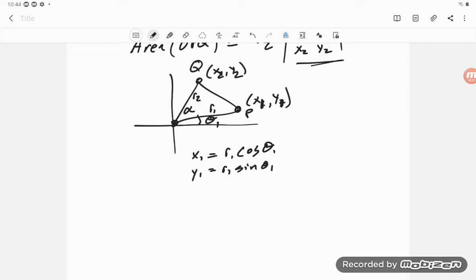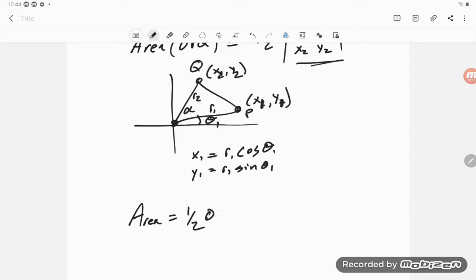It says the area of this thing, I'll just call it area, is equal to, they say, 1/2 the length OP. That's our R1.